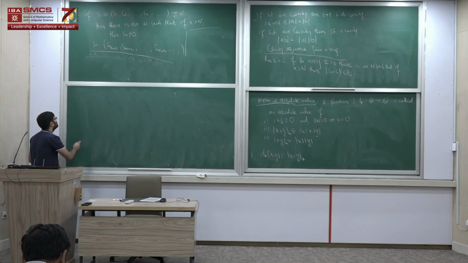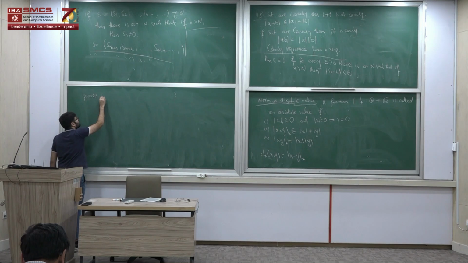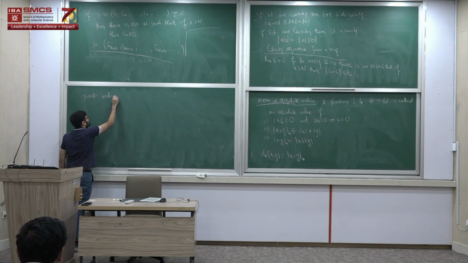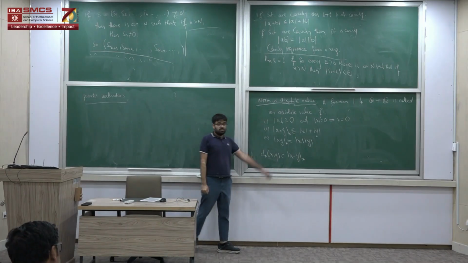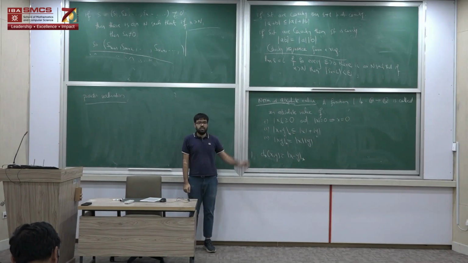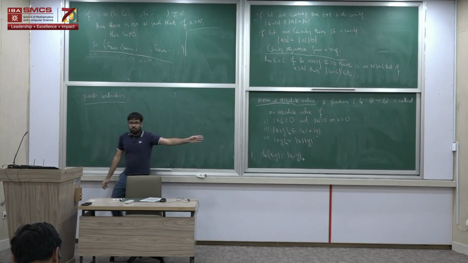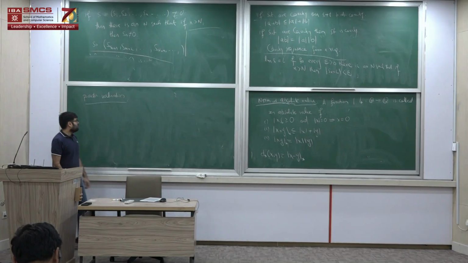Okay, so the first thing I want to define is something called the p-adic valuation. To define it, we have to remember something that number theorists told us to care about, but the geometer was not very interested in, which is prime factorization.